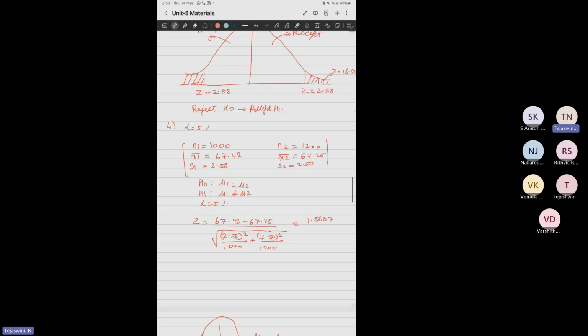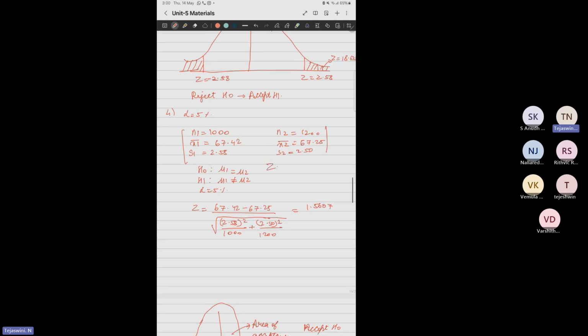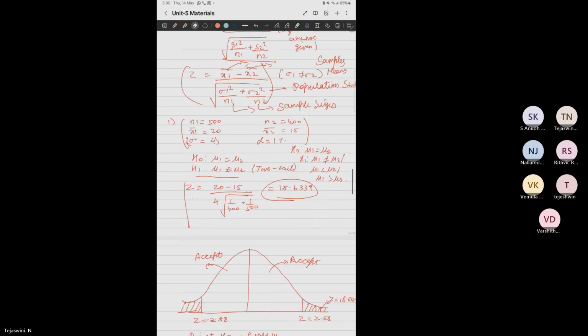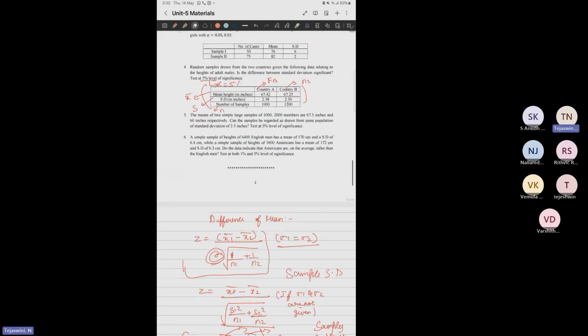Since S1 and S2 are given and they are not equal, we'll use this formula. First we have to make the hypothesis. Here the hypothesis states that random samples are drawn from the two countries, and the following data is given. Is the difference in standard deviation significant? They didn't ask us if there is any increase or decrease, or if one is greater than the other, or so on.